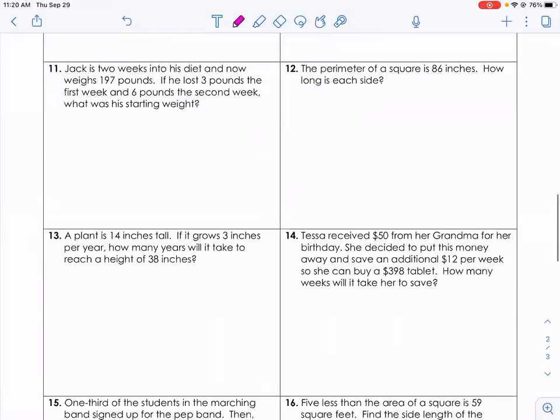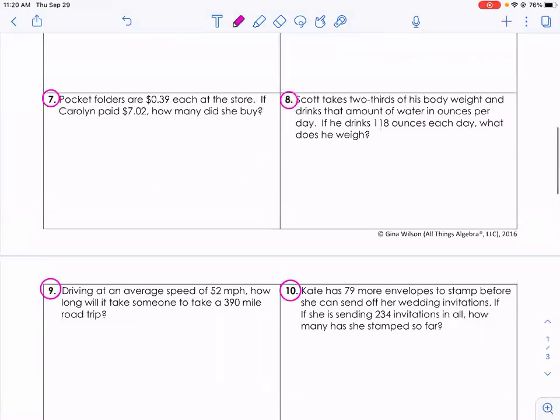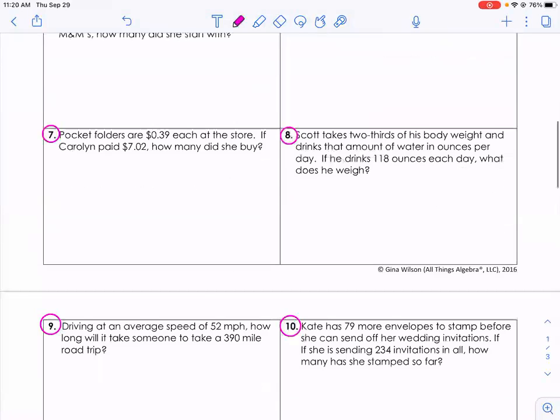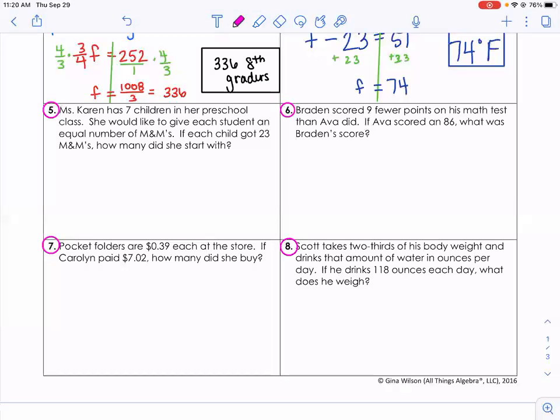Here's what I want. When you're done with number 5, I want to check your answer before you move on to number 6. Okay? Yes. When you're done with 5, I want to double check your answer before you go to 6.